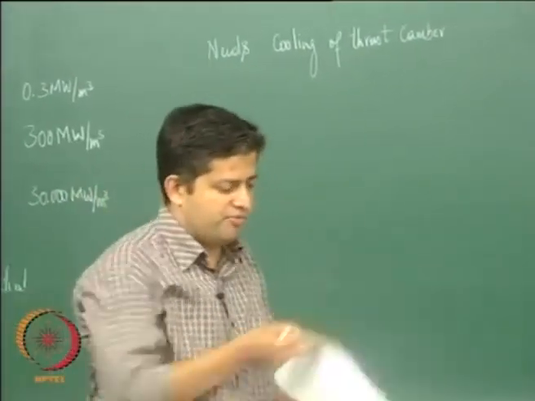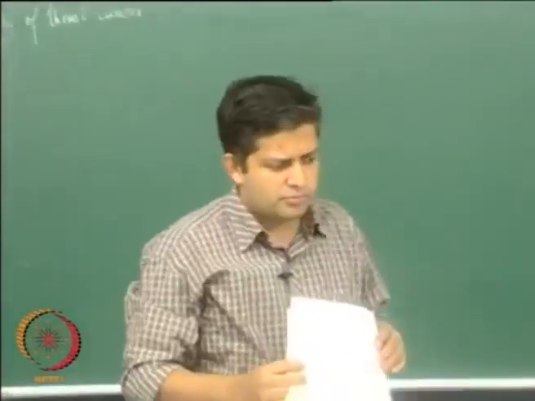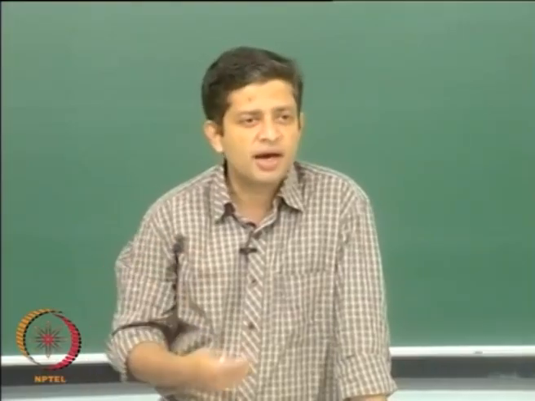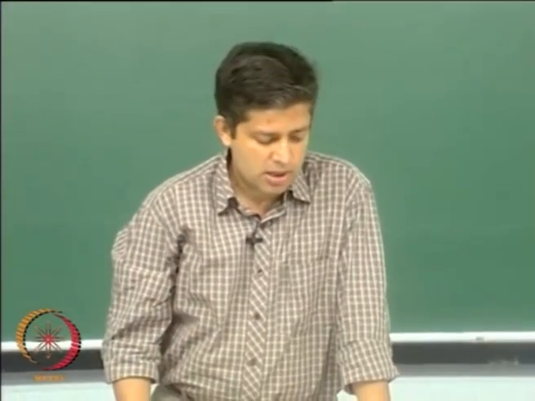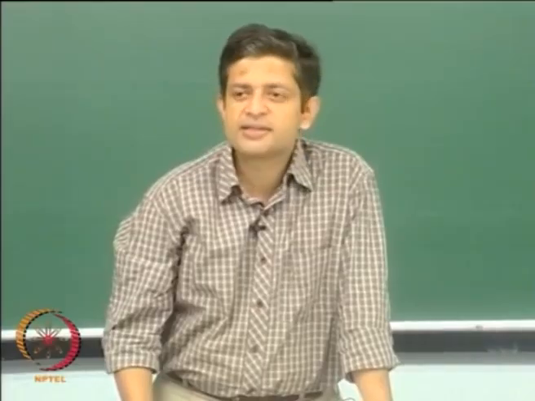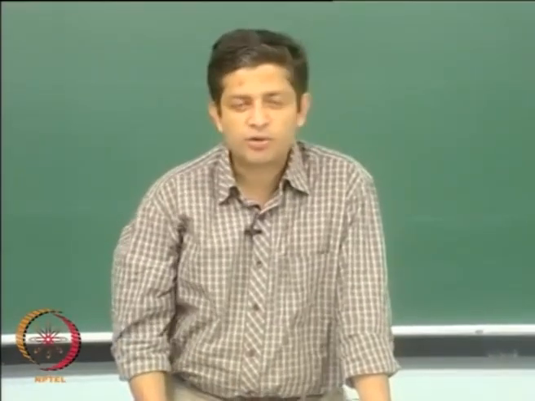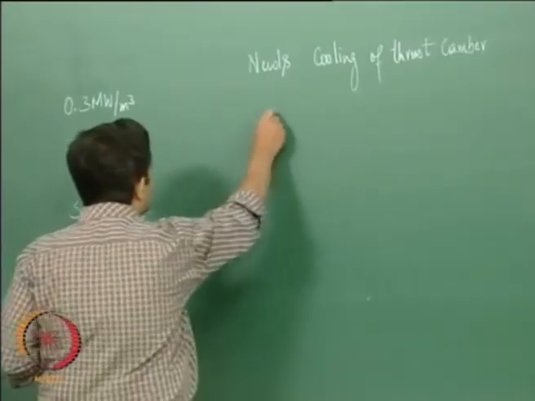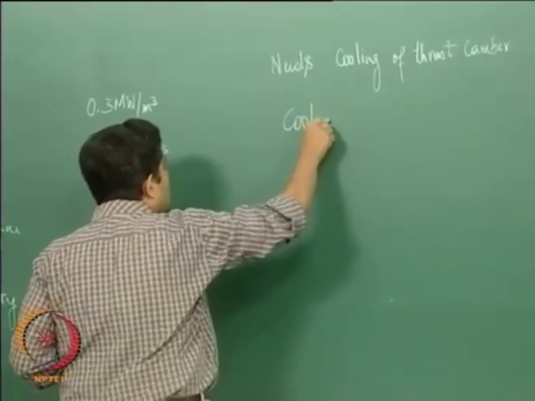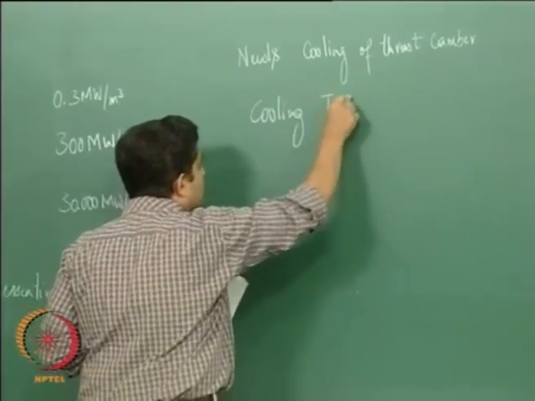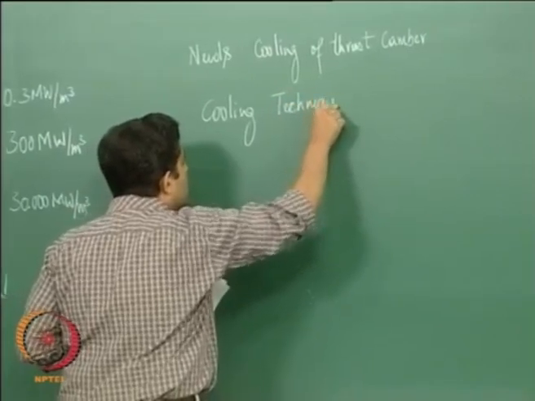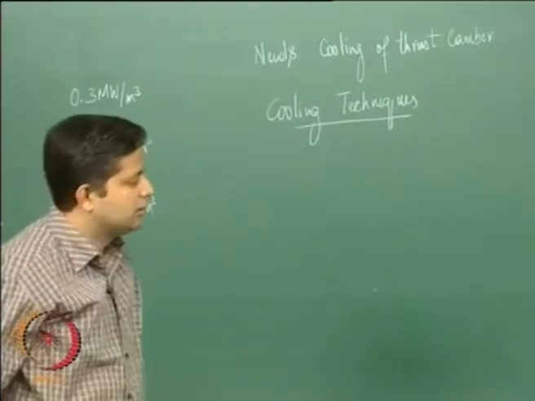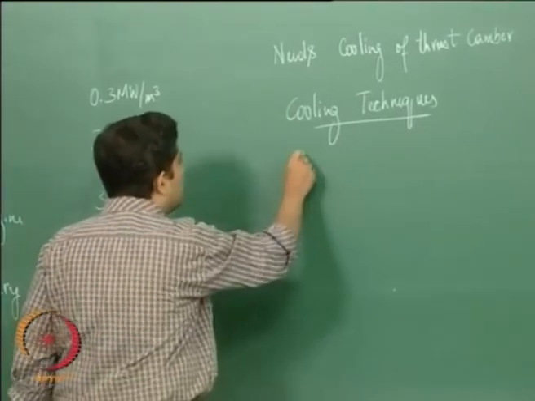Now, before we look at which is the area that has the highest heat transfer, let's look at the different cooling techniques that are adopted in liquid rocket motors, or in general in all rocket motors. Firstly, there is something known as film cooling.